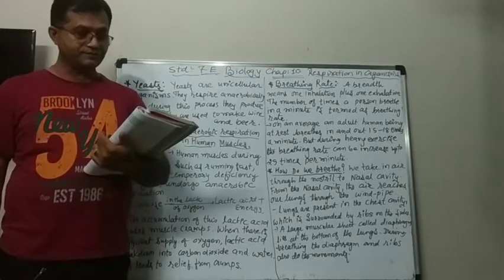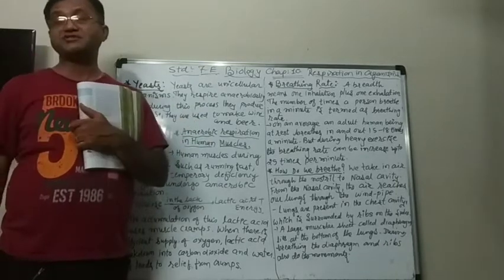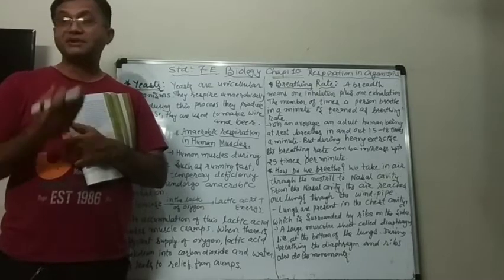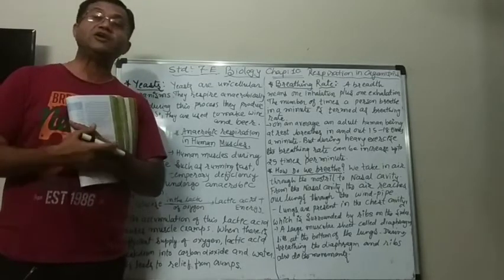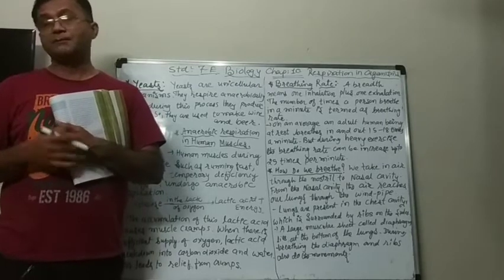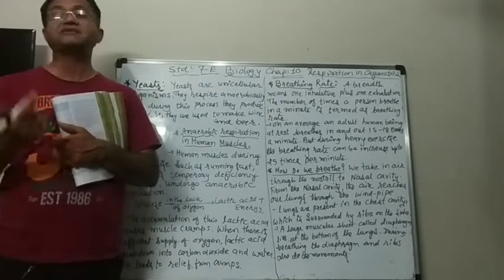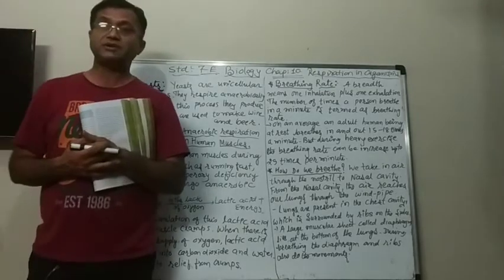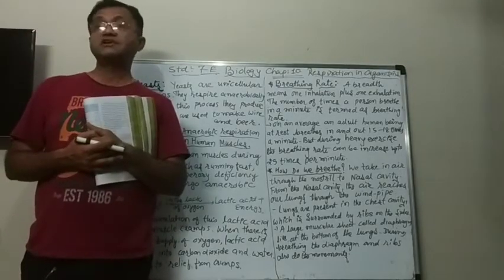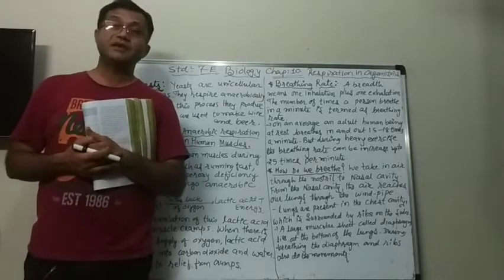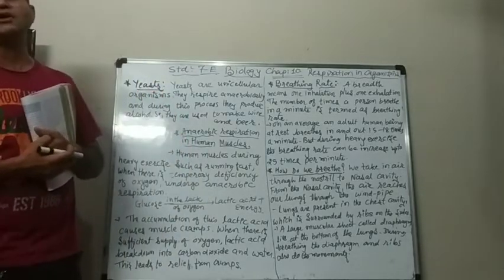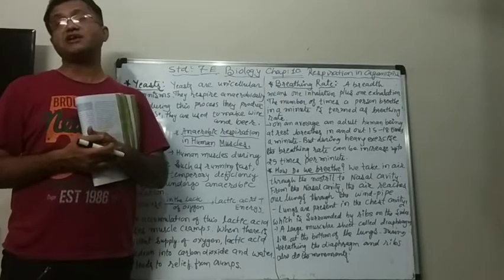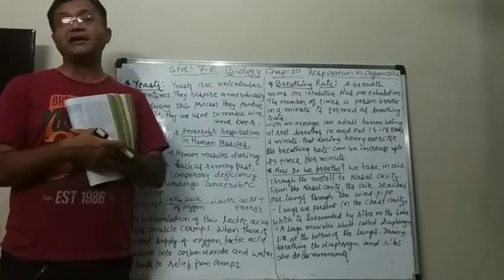Also we learned that respiration has two steps: breathing and cellular respiration. Breathing involves inhalation and exhalation, while in cellular respiration the oxygen reaches the cell and breaks down the glucose to produce carbon dioxide, water and energy.